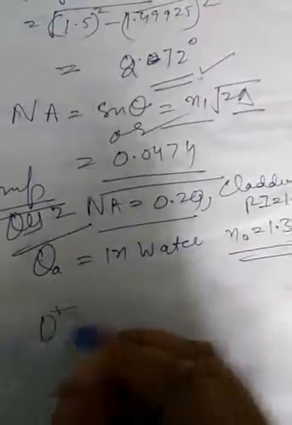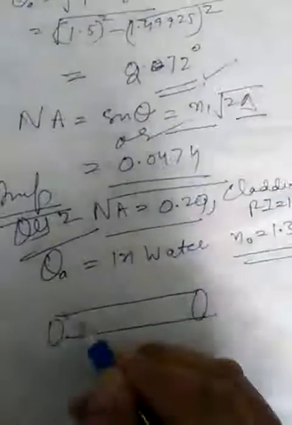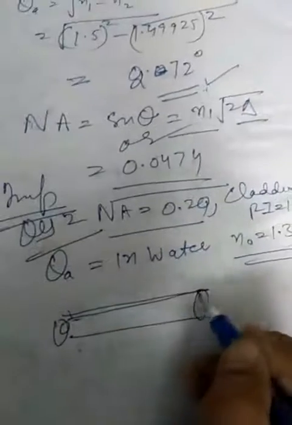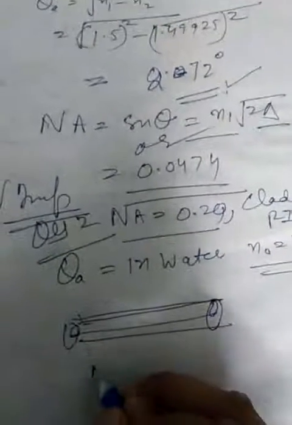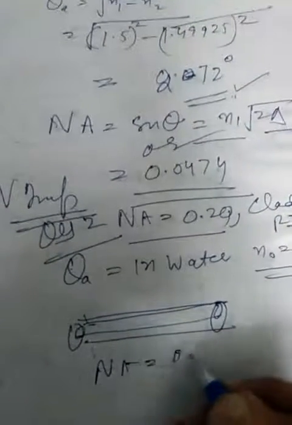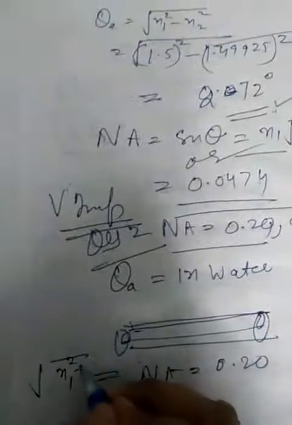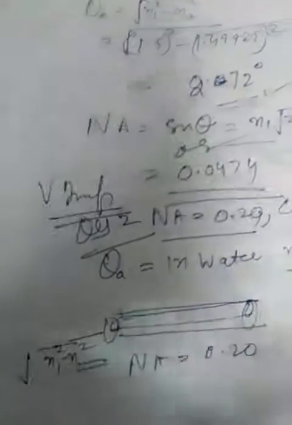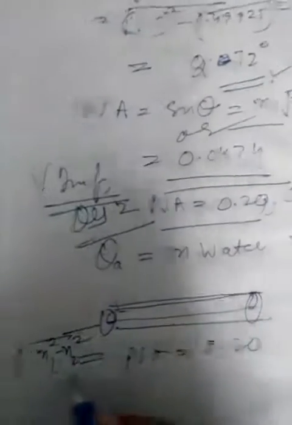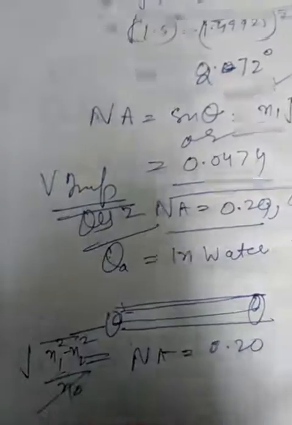Now we are given an optical fiber which is placed in the air. In air the numerical aperture is given to you, that is 0.20. What is numerical aperture? That is equal to under root of n1 square minus n2 square, and that will be this one. Now for n0, because air is 1, this will be taken.